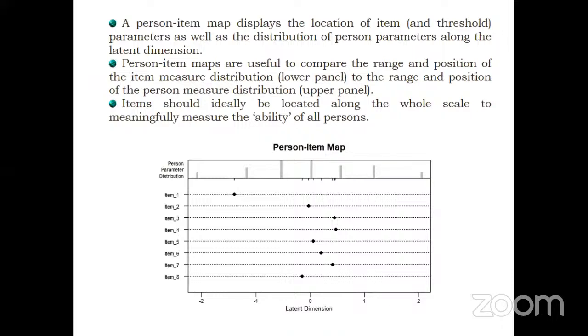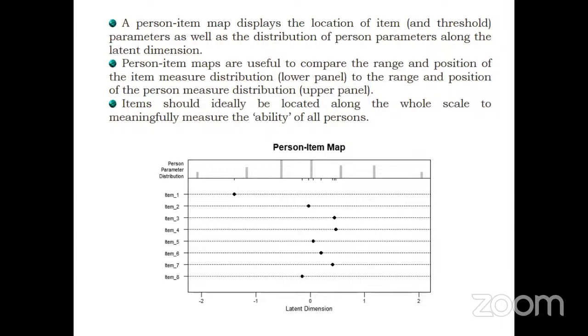We can also get a person item map, which shows whether the items are well distributed across the entire trait level or not. Ideally, all the items should be distributed along the entire trait level, meaning that the items are able to assess the entire range of the trait level.